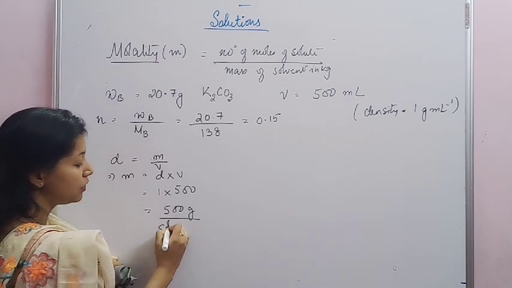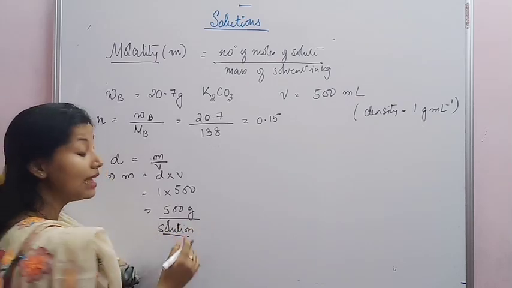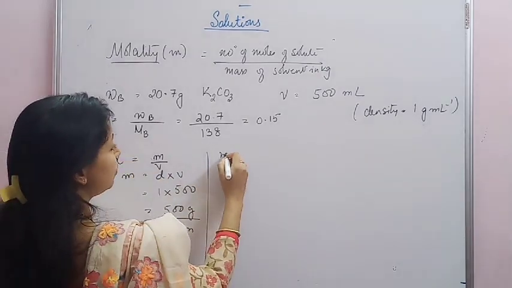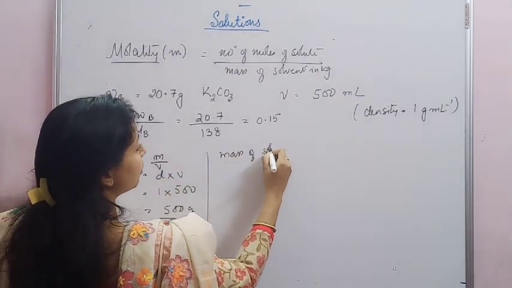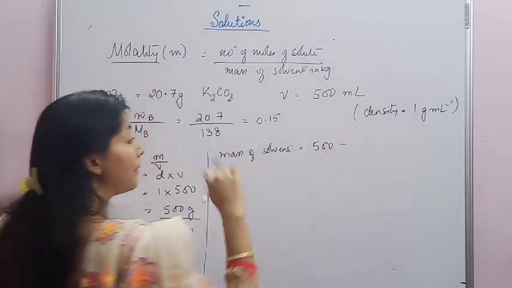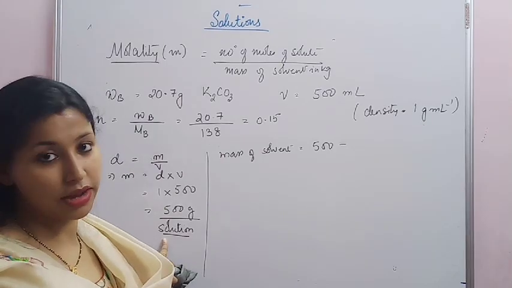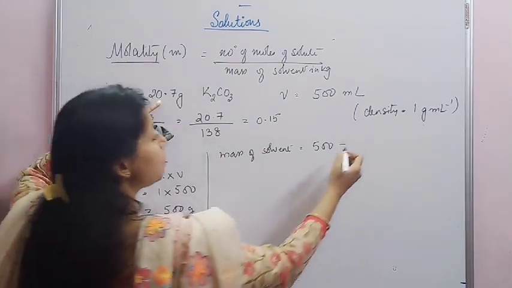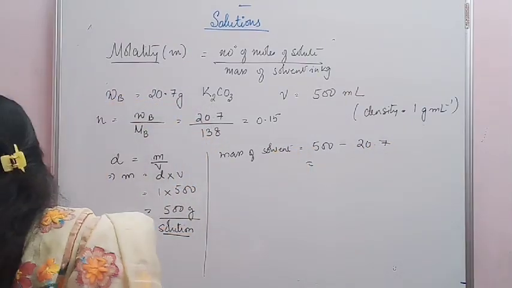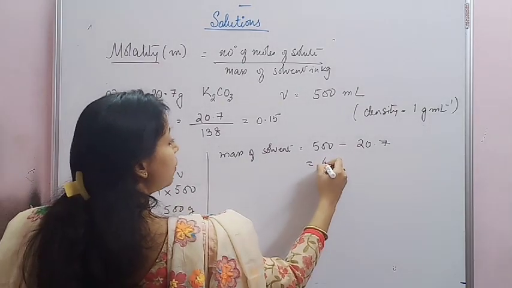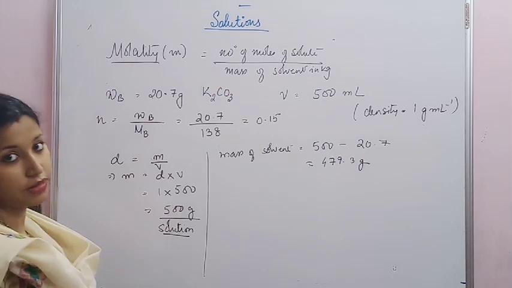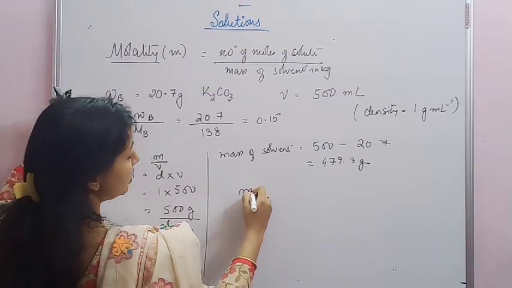This is of solution. I need to find the solvent. So, mass of solvent will be 500 minus the amount of solute that you have added. You have added 20.7 gram of solute. If you subtract this, you will get 479.3 grams. So this is your mass of solvent. Let's calculate the molality quickly.